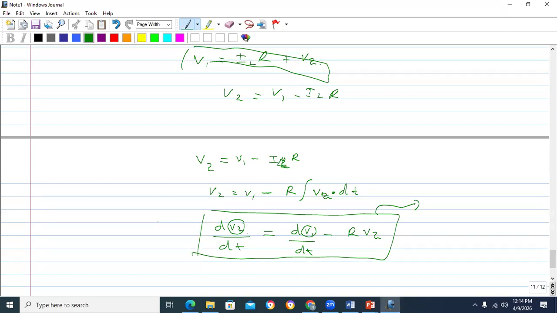But I don't know how to solve this one. This kind of differential equation I can't remember how. Is there a way to solve this differential equation? This V1 is also a variable, V2 is also a variable. So are there any ways to solve this differential equation?